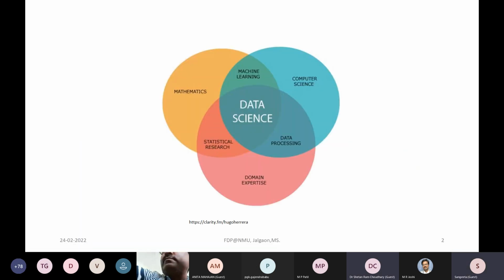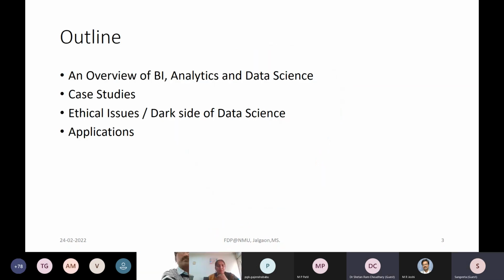This basic diagram, all of us have seen and we know. I don't think we need clarity on what data science is and how it's a mix of machine learning, stats, mathematics, domain expertise, and computer science. But what I would like to highlight today is an overview of case studies, majorly in business intelligence, analytics, and data science, where I would request you all to please be interactive and explain whatever you know about that particular situation.